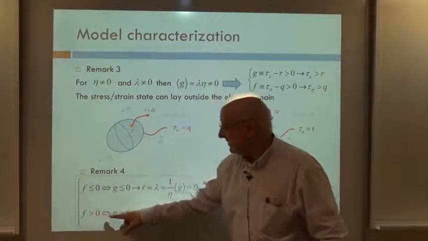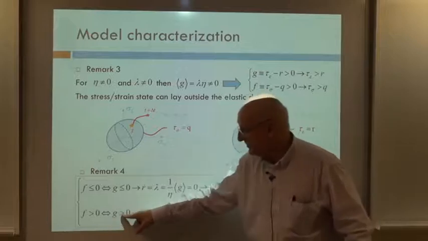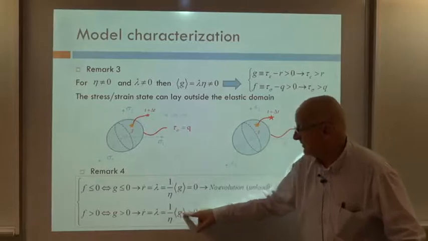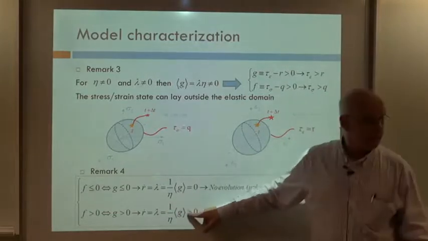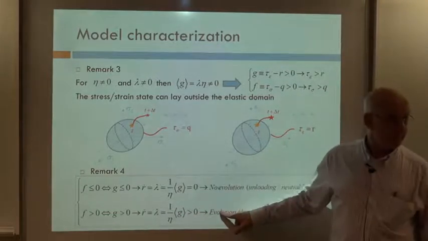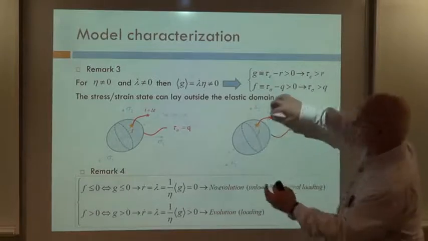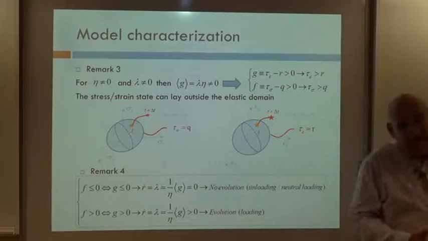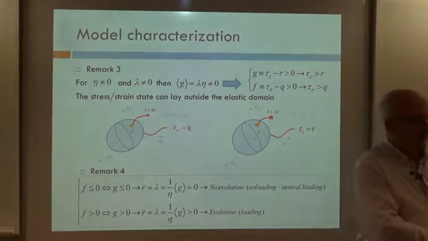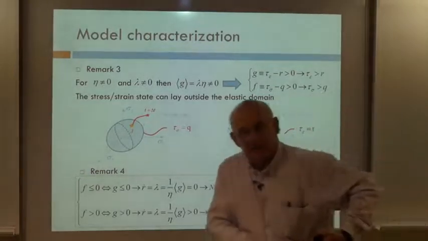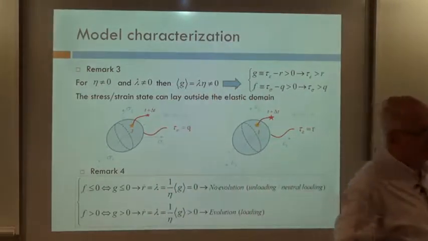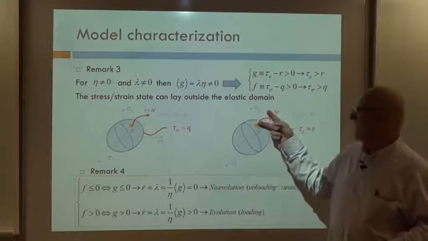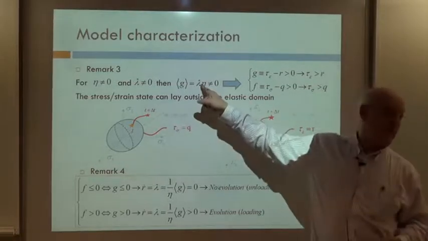So as F is equal to 0 and G is greater than 0, in that case R dot, since this is greater than 0, is different from 0. And then there is an evolution. So as the point gets out of the elastic domain, there is an evolution of R as if the point was pulling the surface at a certain distance, and that distance is a function of eta.